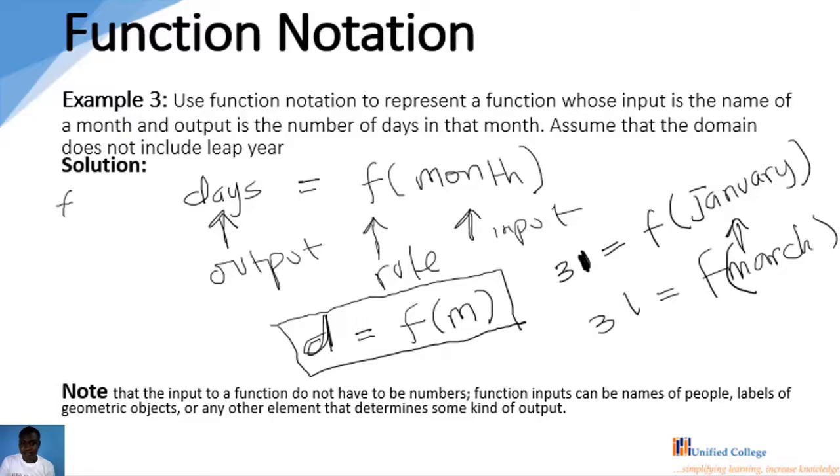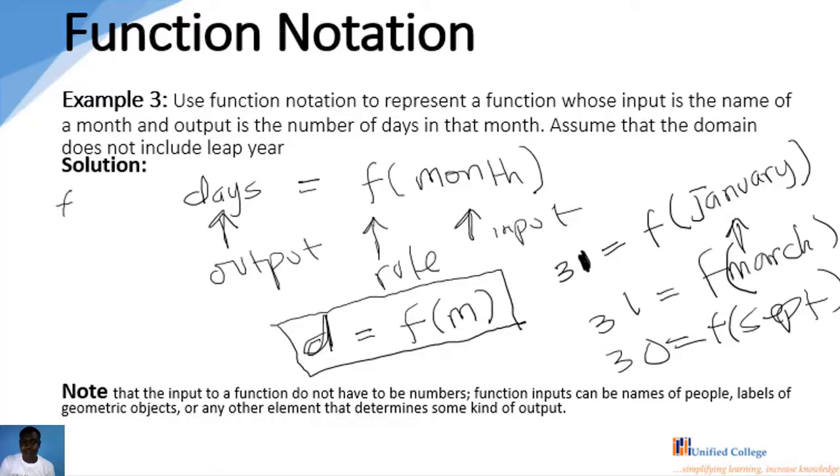So what we are saying is that the notation D equals F of M reminds us that the number of days D, which is the output, is dependent on the name of the month M, which is the input. So if we change our input now again to, let's say, the month of September, then our output is going to be 30.